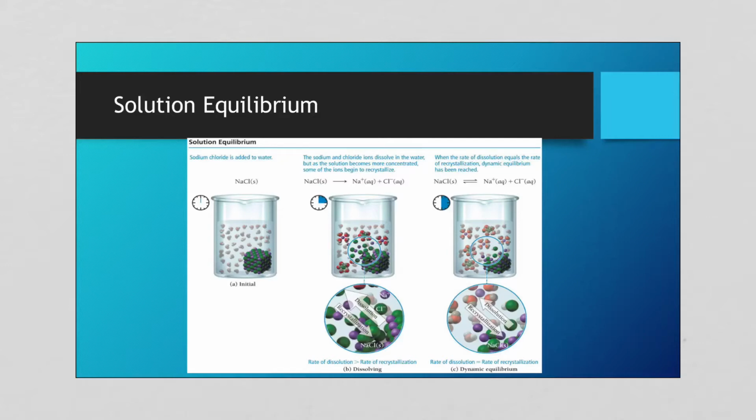At some point, these two processes, dissolution and recrystallization, become again balanced, right? The rate of dissolution equals the rate of recrystallization. We reach a point of dynamic equilibrium. And at this point, the amount of material, in this case sodium chloride, in solution doesn't change, right?